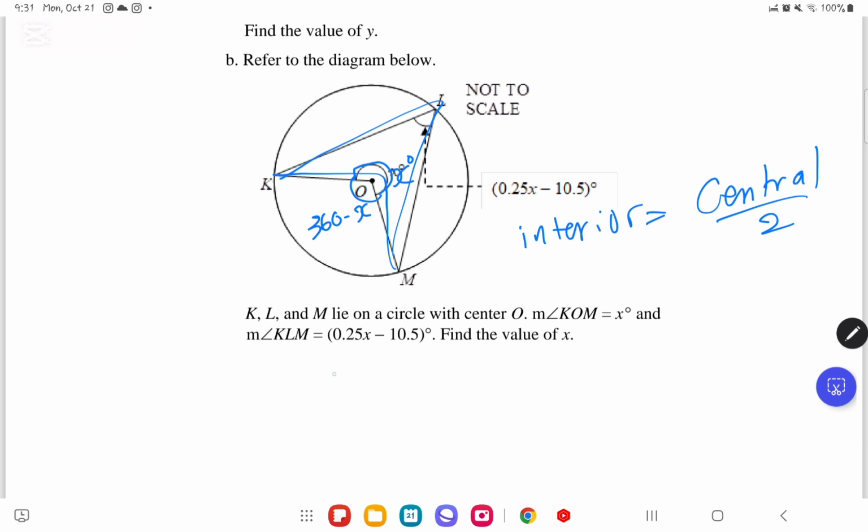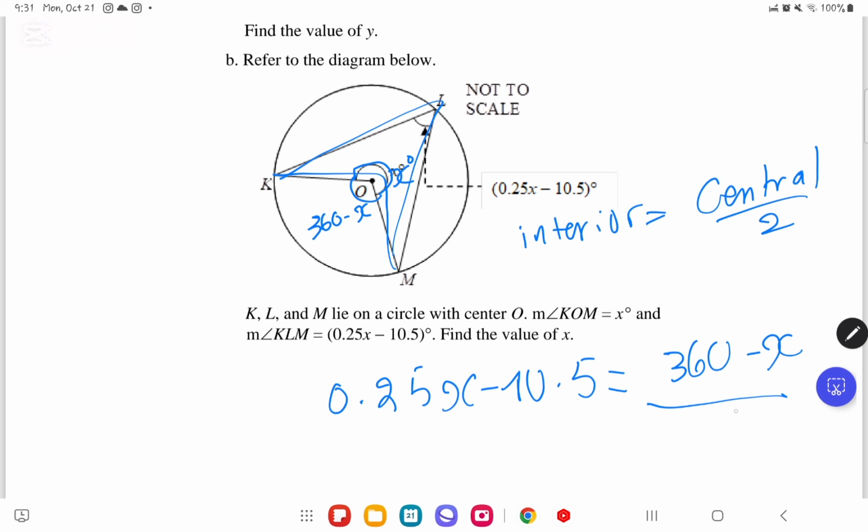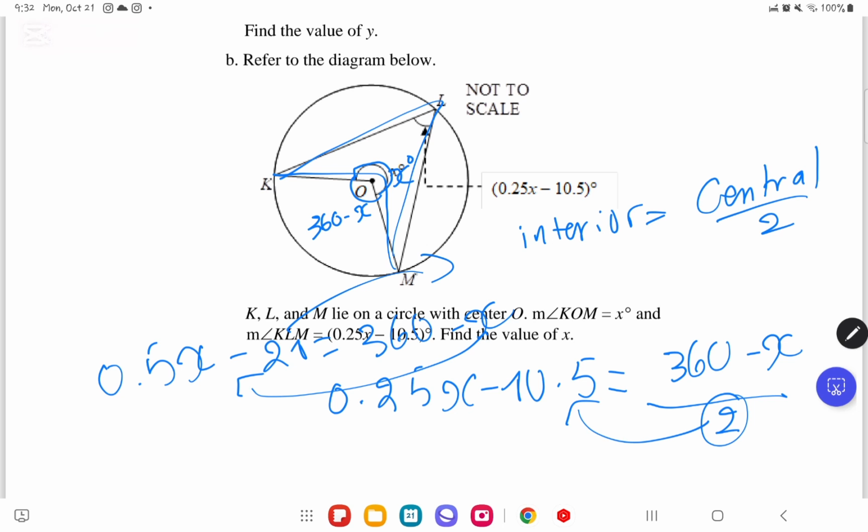So the interior angle, which we have as 0.25x minus 10.5, is equal to the central, which is 360 minus x, divided by 2. Multiply all of this by 2, and you will get 0.5x minus 21 is equal to 360 minus x. Bring this to here, bring this to there.